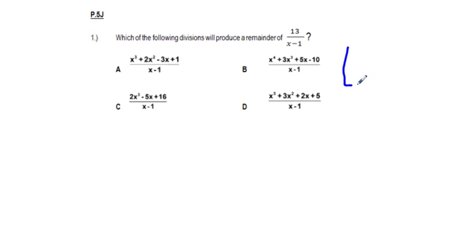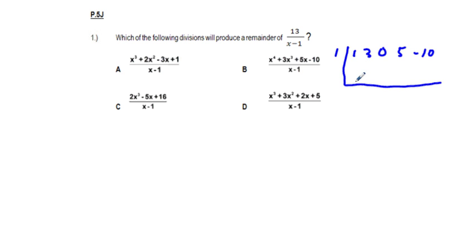So we put our little synthetic division bracket here. We put 1 here, and then 1, 1, 3, and 0x squared plus 5 minus 10.